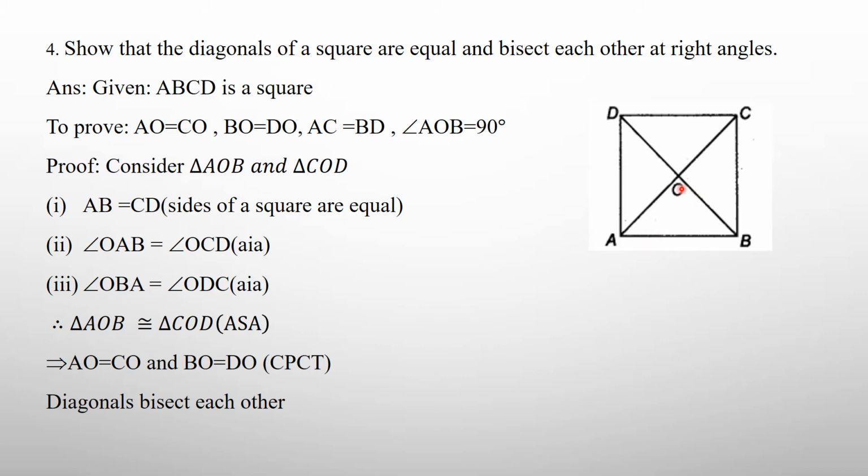Similarly, we can write angle OBA is equal to angle ODC. Again, condition is alternate interior angles. Therefore, we have triangle AOB is congruent to triangle COD using ASA congruency. From this we can write AO is equal to CO and BO is equal to DO, and we proved the diagonals bisect each other.